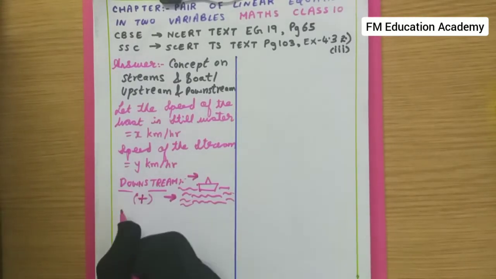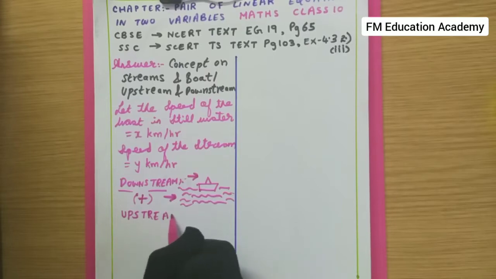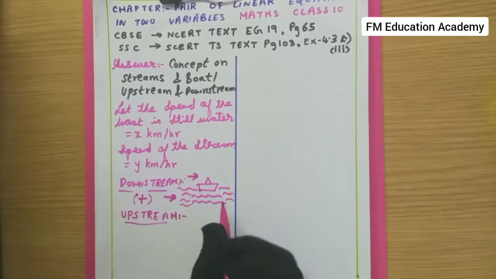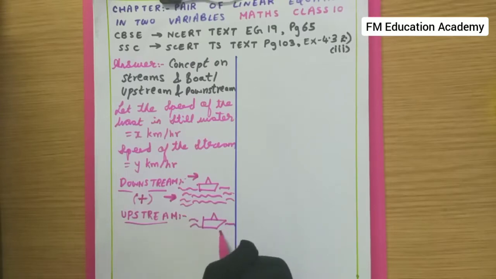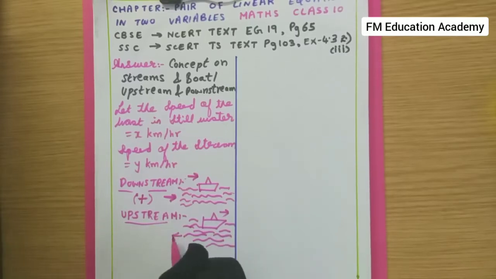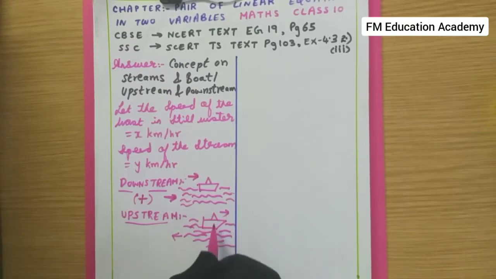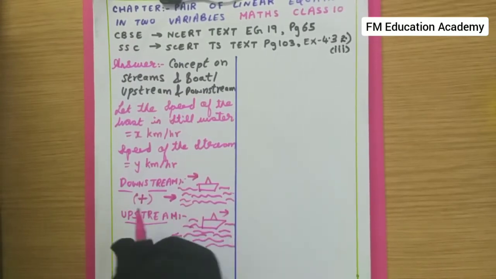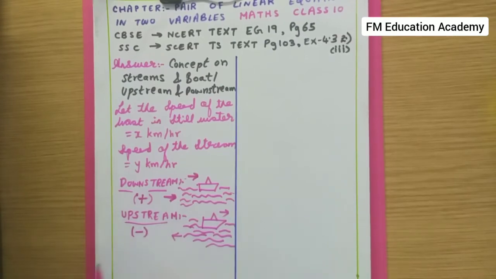Now the next concept is upstream. In case of upstream, suppose the boat is going in the right hand side direction, but the stream is moving in the left hand side direction. That is, when the directions of the boat and stream are opposite, then we use a minus sign to find the total speed of the situation.